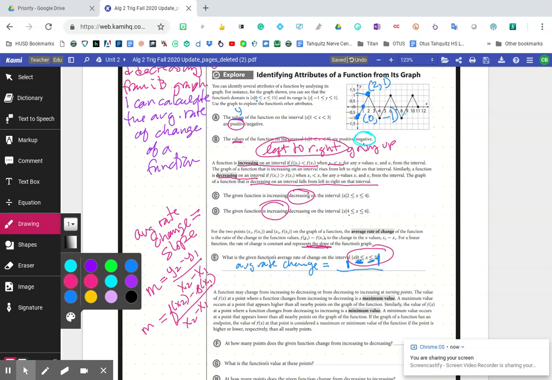We know that a double negative is going to go positive. And then we need the x values. My x values were what were given to us, 2 minus 0. And you always want to go in the same order. It doesn't matter the order, but it's always good to start with the one at the second point, just so you're consistent. So it looks like I've got 1 plus 1, which is 2, over 2 minus 0, which is 2. So our average rate of change on this one is 1.